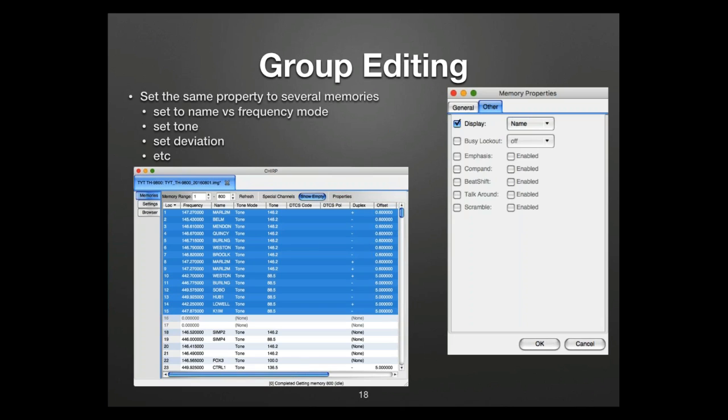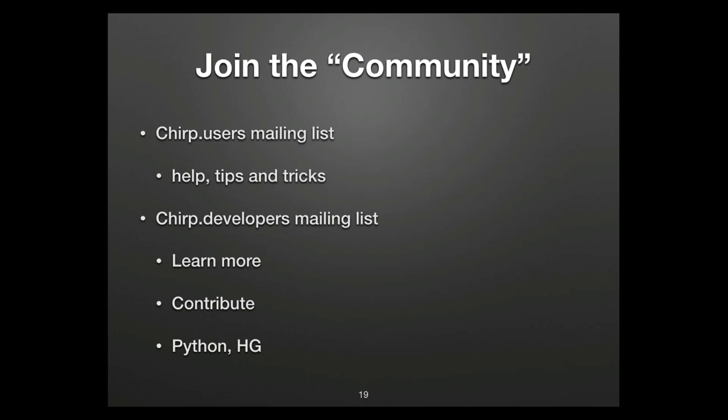So I'm going to switch gears for a little bit here, and that is, I'm going to encourage all of you to join the community. There's a CHIRP users mailing list, and there's a lot of things. I'm on both the CHIRP users mailing list and the CHIRP developers mailing list, and I encourage you to read through a lot of that stuff.